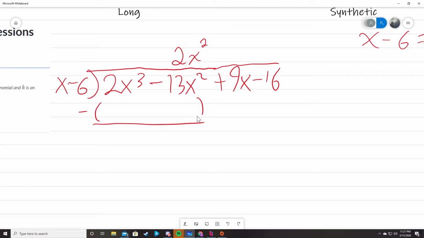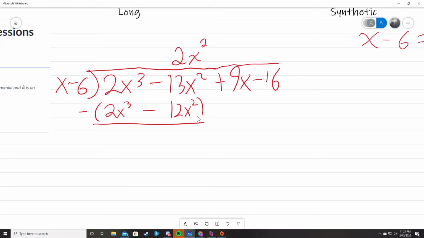So we go through, we do the multiplication. 2x times x gives us 2x to that third power. Now 2x squared times negative 6, 2 times negative 6 gives us a negative 12x squared. And now we go through, we do the rest of our subtraction.